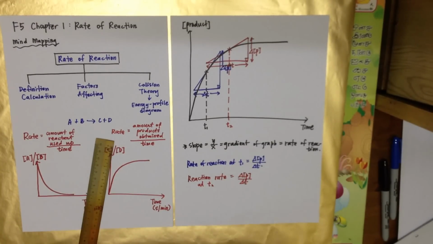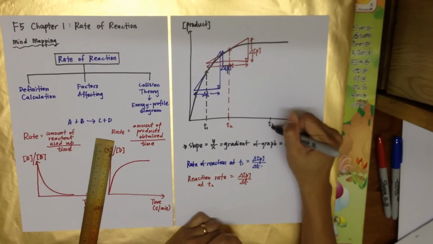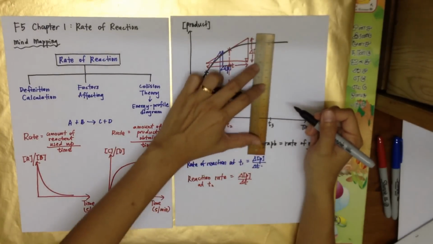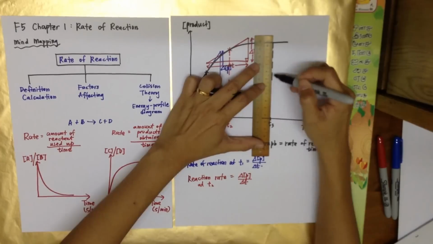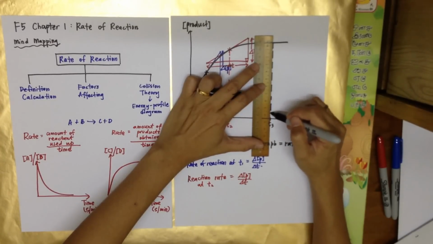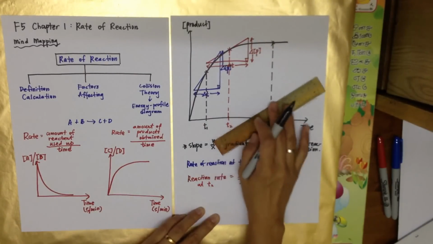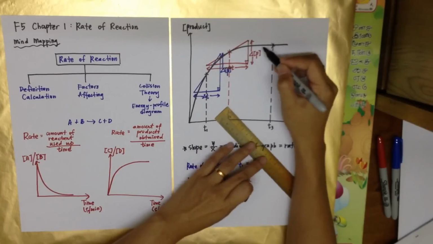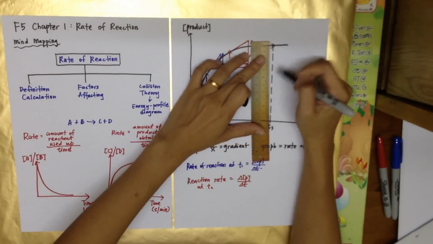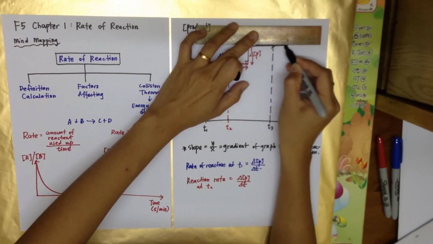The last example I would like to stress here is if the time falls at this particular region, T3. So we use the same way to extrapolate it to the curve to find a single point. At this single point, we still construct a tangent, but because the tangent must be directly perpendicular to here, this will be the tangent line.